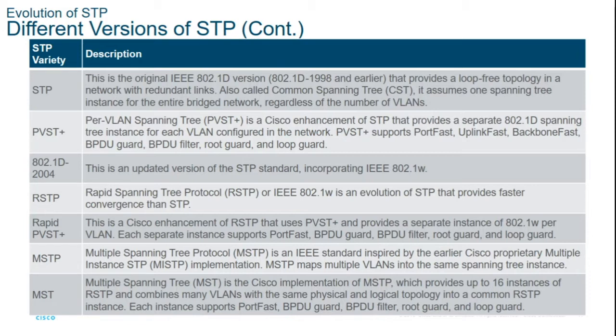PVST Plus or Per-VLAN Spanning Tree is a Cisco enhancement of STP that provides multiple instances, one for each VLAN in the network. It supports PortFast, UplinkFast, BackboneFast, BPDU guard, BPDU filter, root guard, and loop guard.